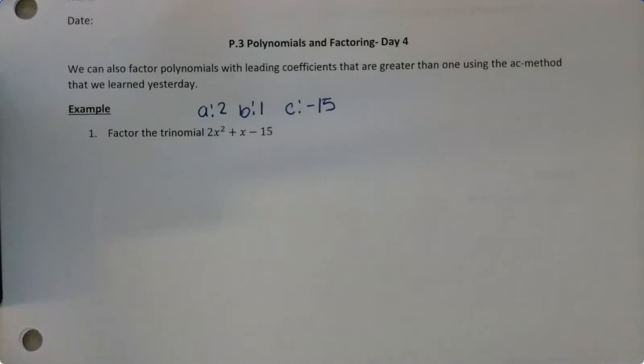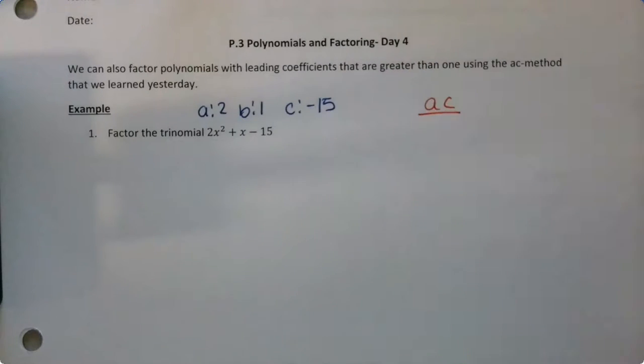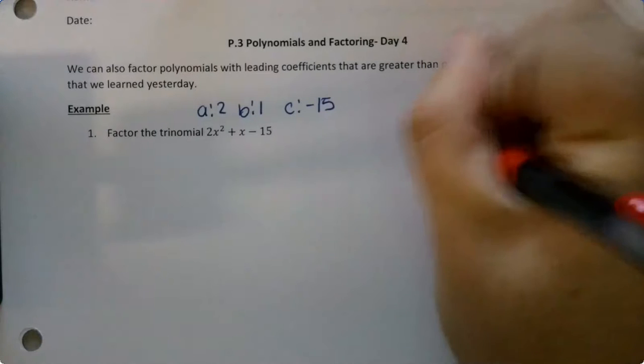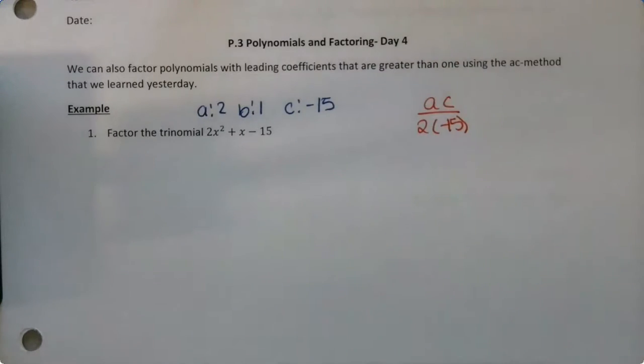Then what I want to do from here is I want to take my A and C value and multiply them together. So I'm going to take that 2 and multiply by the negative 15.